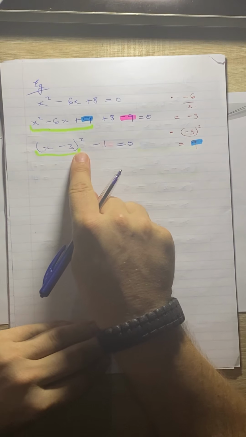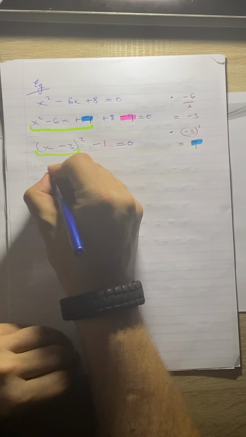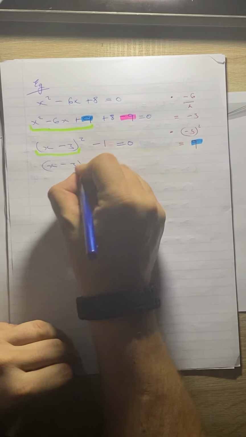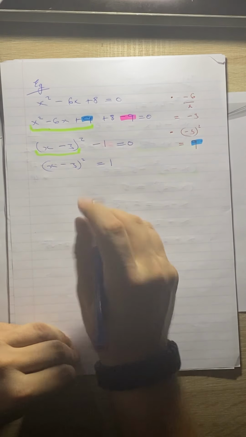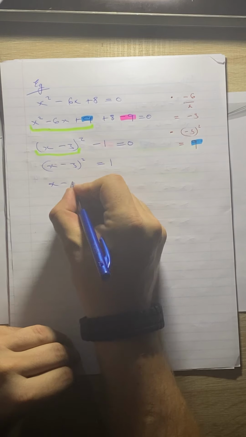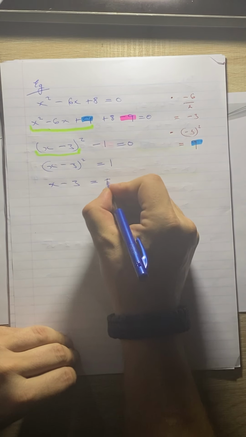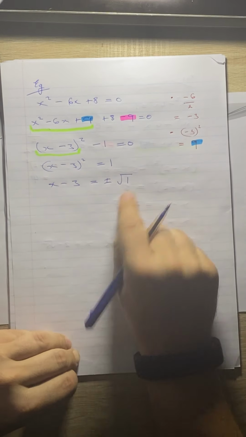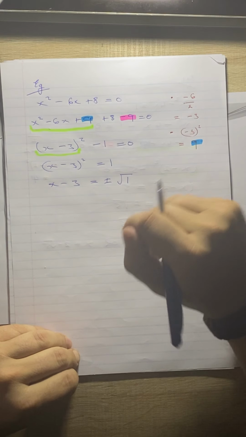Similar to yesterday's homework, we can solve for this. So we get x minus 3 squared equals 1. I'm going to take the square root of both sides. We can actually take the square root of 1.